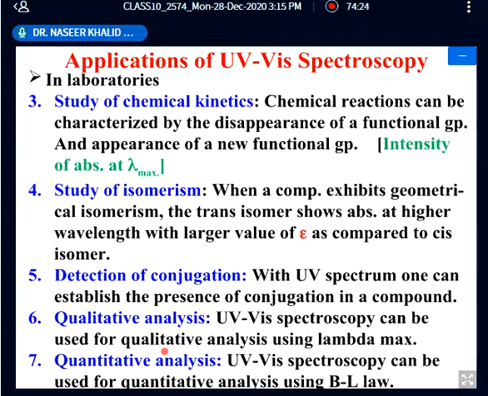So we can use qualitative analysis with this. We can also use quantitative analysis. For quantitative analysis, we use Beer's law and the calibration curve. We have already explained it in a previous slide of the same lecture.